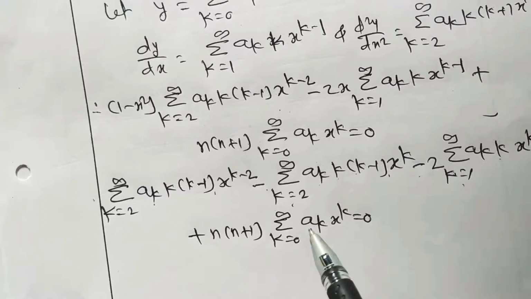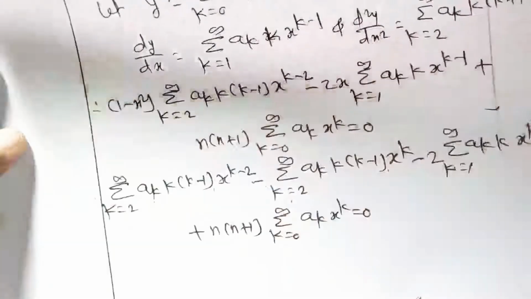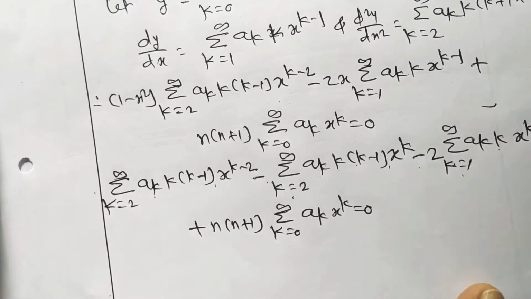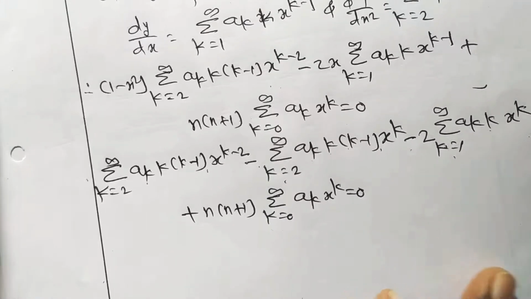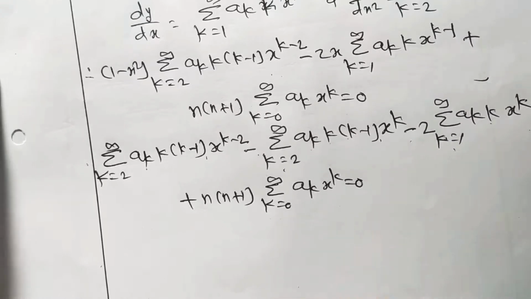Now we have to find the constants, that is a2, a3, a4 in terms of a0 and a1. If you remember, in problems on ordinary point we have to find the constants in terms of a0 and a1.